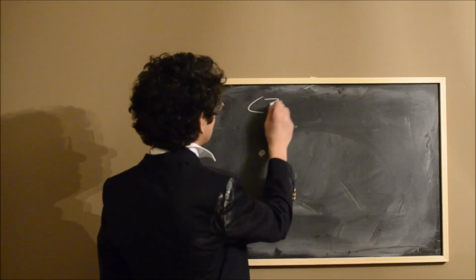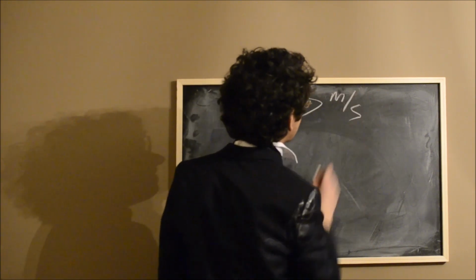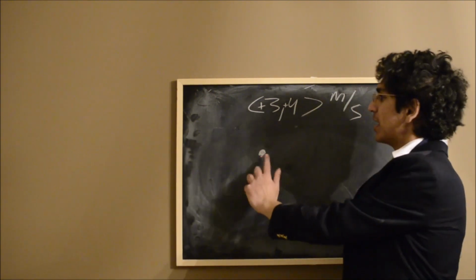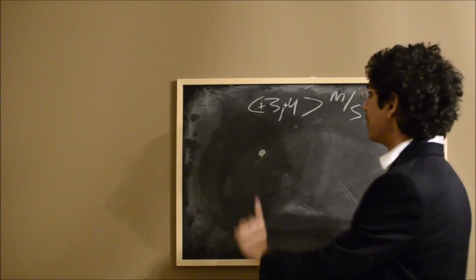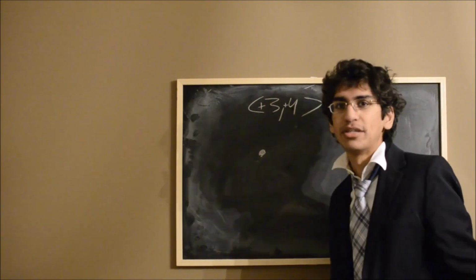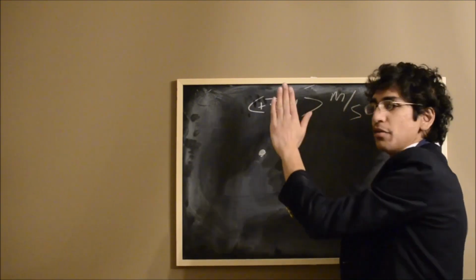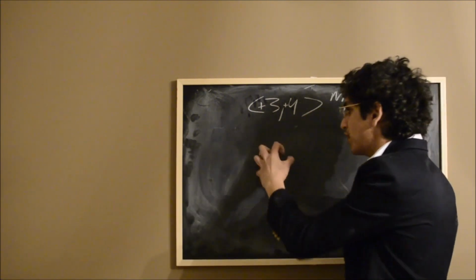The velocity is 3,4 meters per second. This notation tells me that this particle is moving to the right at 3 meters per second and moving upward in the positive y direction at 4 meters per second. These are the components telling me the respective components of the velocity.